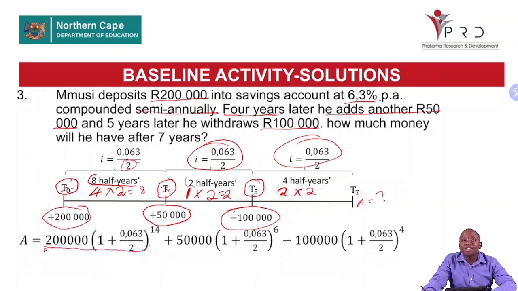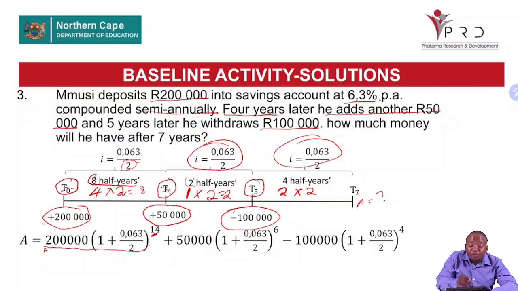Then how many times did this 200,000 gain interest? That's what we are focusing on when we're looking at the end there. How many times do we add? It's 8 plus 2, in that case we get 10. Then 10 plus 4, we get 14.